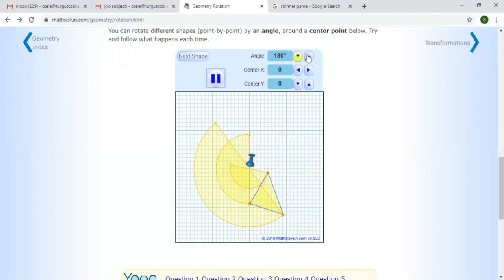Okay, let's make it 270 degrees. Okay, let's start it now. So 270-degree angles are measured from each point.